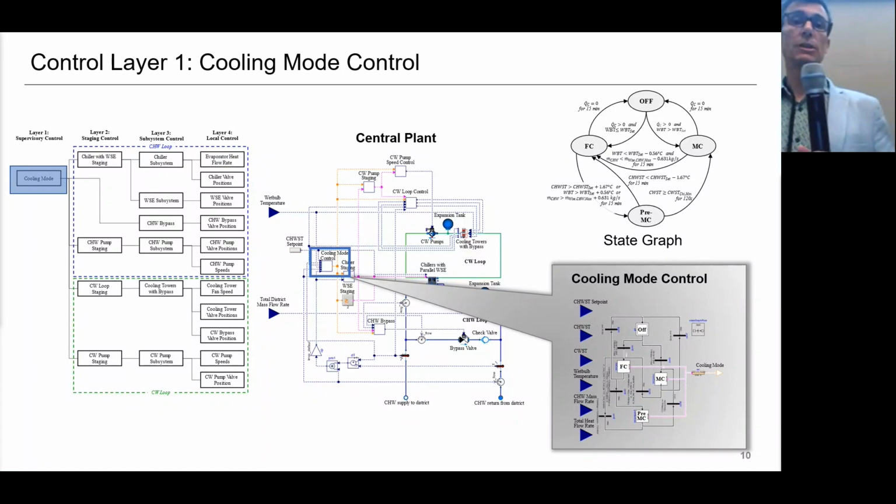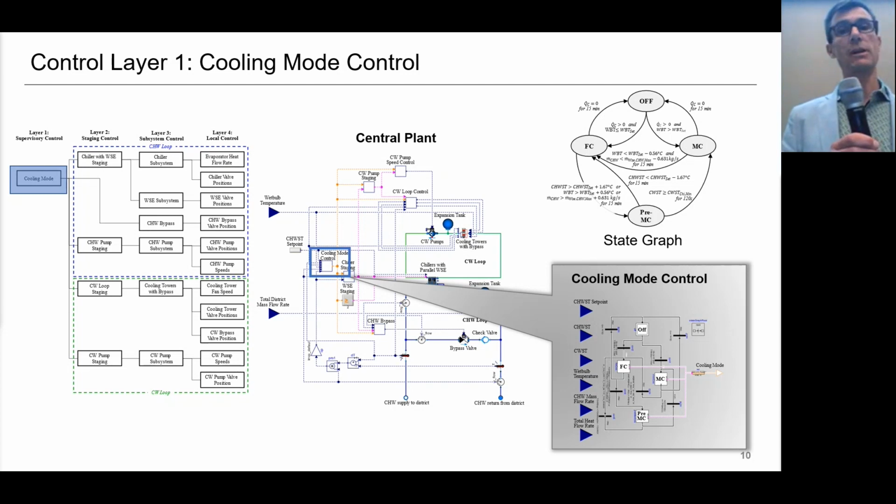And you can put a condition on the state transition that if this transition is true, you move from one state to the other state. And this transition is typically, for example, differences in terms of measured variable versus set point. And you can also easily add a timer, so that a certain condition needs to be satisfied for a certain duration. And if that's true, then you move to the next state.